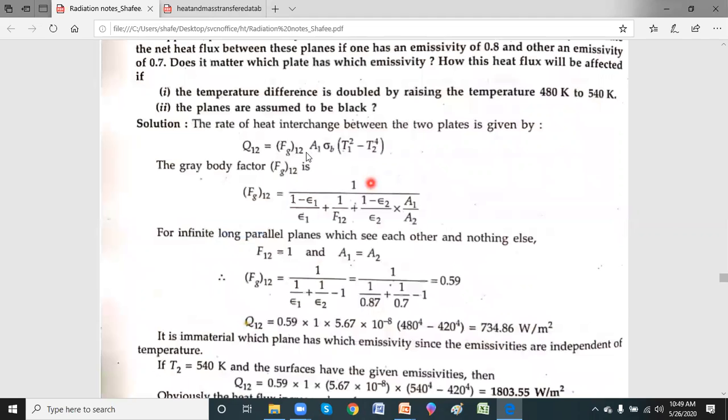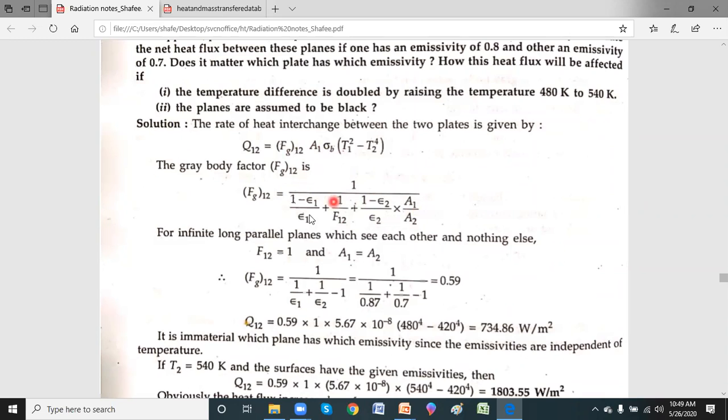So this is EB1, and sigma B T2 power 4 is EB2, and whatever A1 he has taken common, that is sent to the numerator, and this FG12 is the entire expression, that is 1 by 1 minus epsilon 1. So it is a similar expression to what we discussed at the top. Remember, right? So don't worry about this.